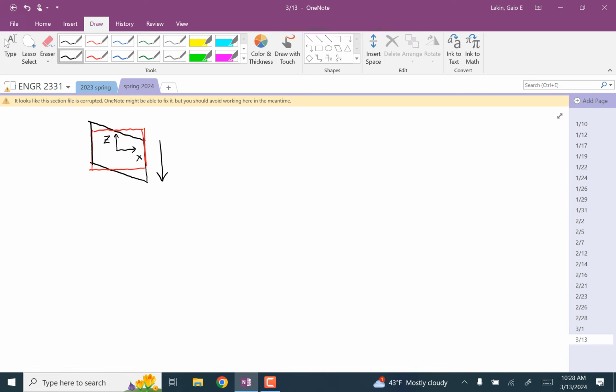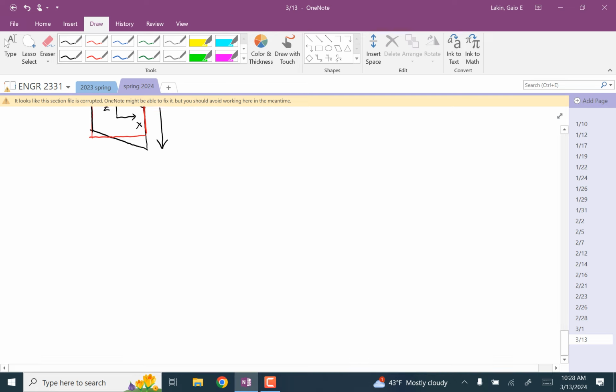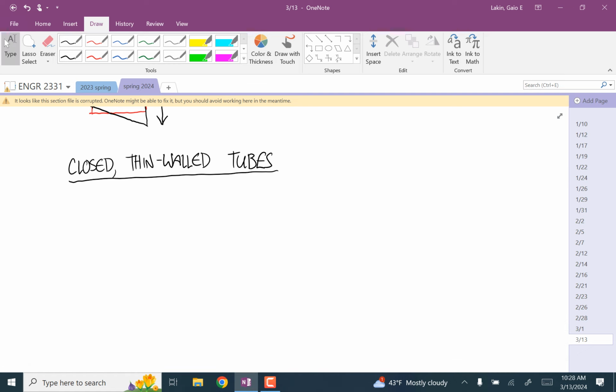So now we're going to get into the second way that we can calculate stresses due to torque, and that is for closed thin-walled tubes. And so remember what this means is in cross-section we can do problems like this.